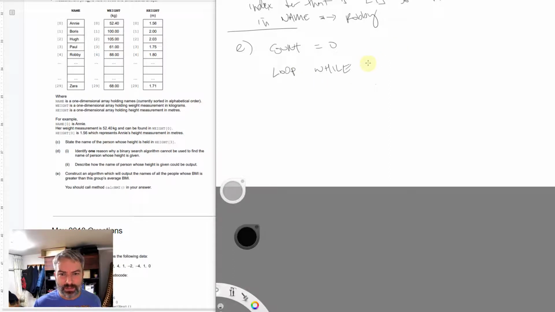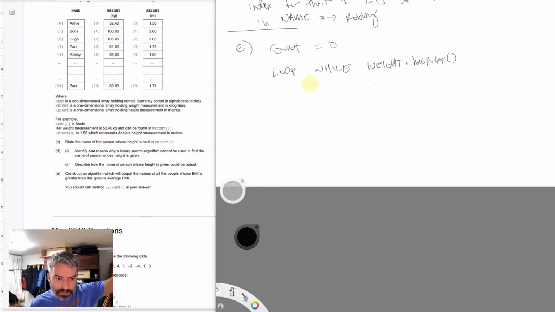I think that's probably a safer choice. I was going to do while count is less than 30, just to account for this, but might as well write an algorithm that would work for any of these things. So okay, loop while weight has next. So we're going to check.